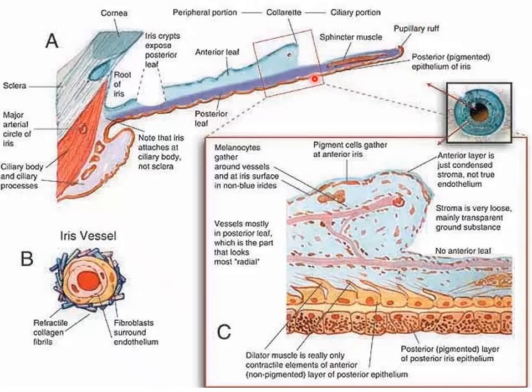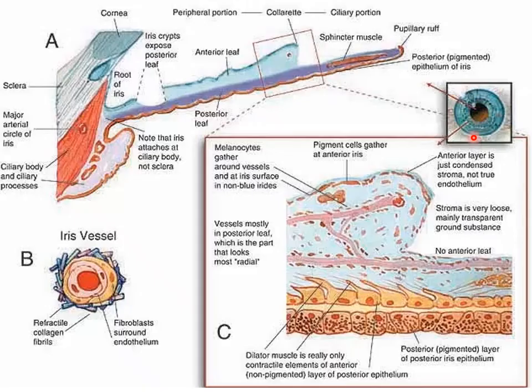Now magnify this and look at it over here. So you see the two epithelial layers, okay? So the posterior epithelium is the one that has the melanocytes and this is pigmented. So the posterior epithelium of all irises, whether blue or whatever, is black or darkly pigmented, okay? As we saw in the diagram of the posterior surface of the iris.